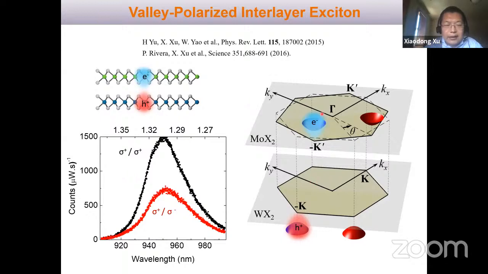We demonstrated such interlayer valley excitons by circularly polarized optical excitation. The hallmark is that the light emission will be co-circularly polarized with the excitation light. For example, in this case, we excite the system with sigma plus polarized light, and we see the light emission is dominated by sigma plus emission. We're going to go back to this property a little bit later.